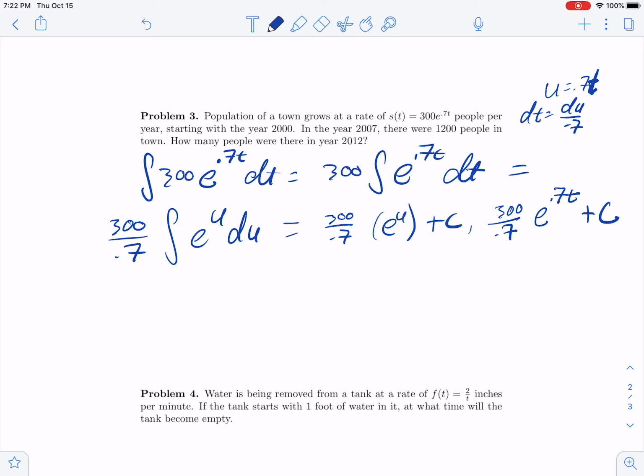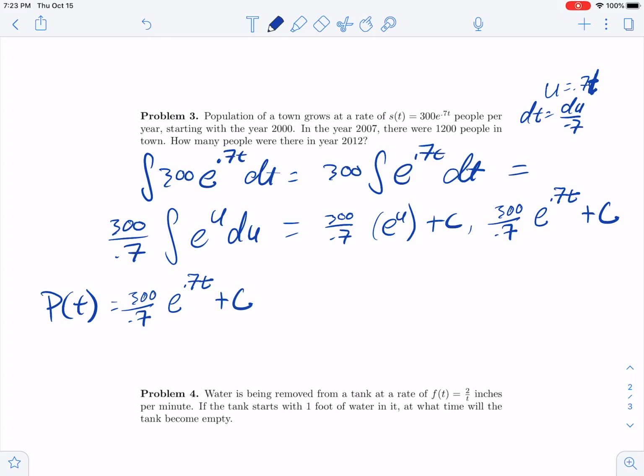All right, and now here's where we have to be careful. This is our population function, so population over time is this. We need a little equal sign. Population over time is this function. If I want to know the population in a given year, I just plug that year in a kind of special way into our function.